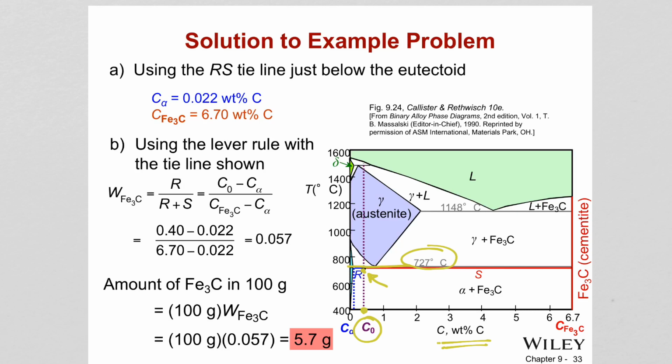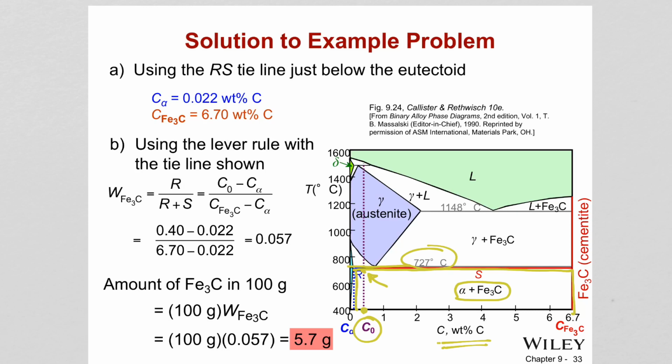Okay, so we are talking about just below the eutectoid temperature, and we want to find the composition of alpha and cementite, right? So like the tie line, we draw the tie line like this and go to the intersections and read the compositions there.